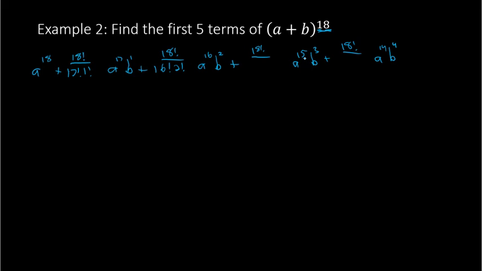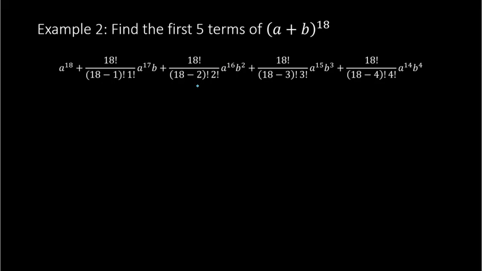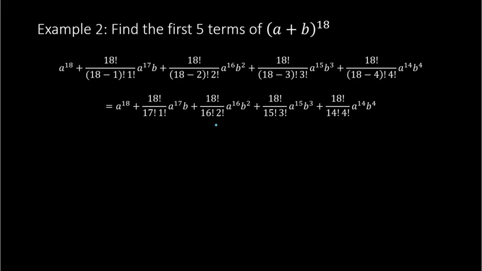The next term we have 15 and 3. So we have 15 factorial and then 3 factorial. And then the next term we have 14 and 4. So we have 14 factorial and 4 factorial. And that is what we see typed up right here.